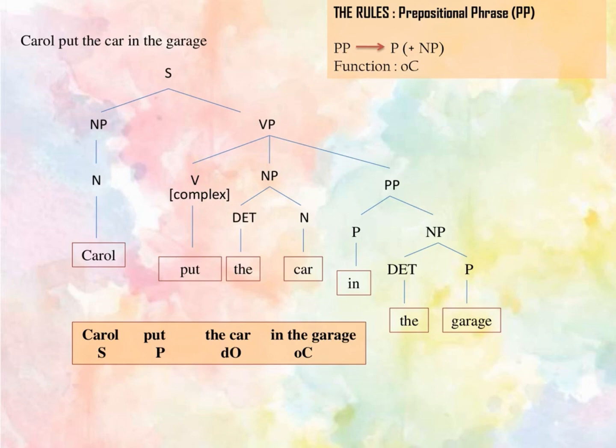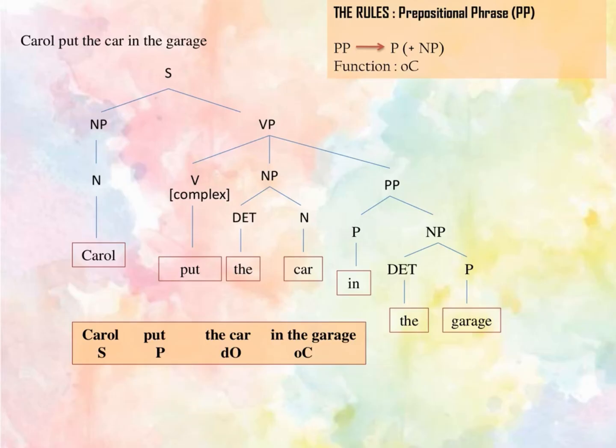So guys, in this sentence, where is the direct object? Yes, the direct object is the car. Because what did Carol put in the garage? The answer is the car.